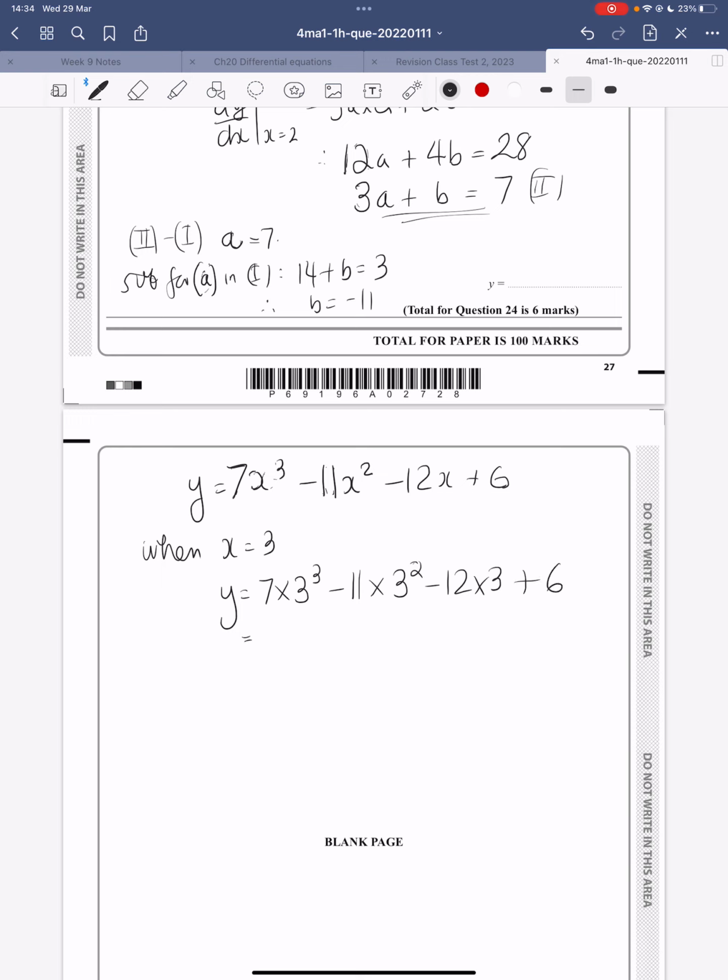So this is 7 times 27, 189, minus 11 times 9, minus 36 plus 6. So 189 minus 99 is 90, plus 6, 96, take away 36. So y is equal to 60.